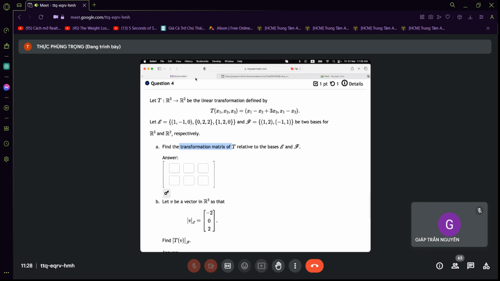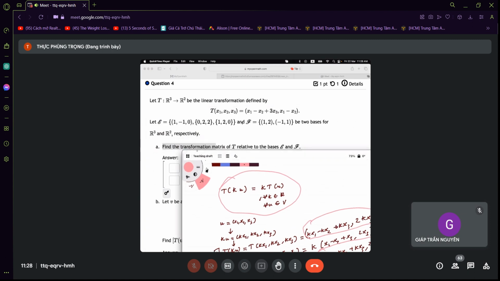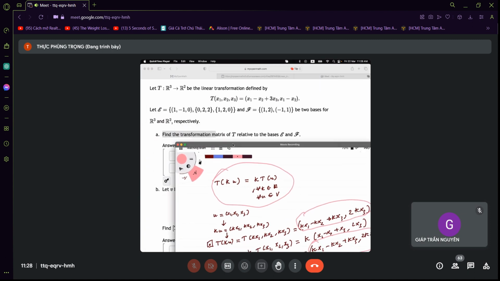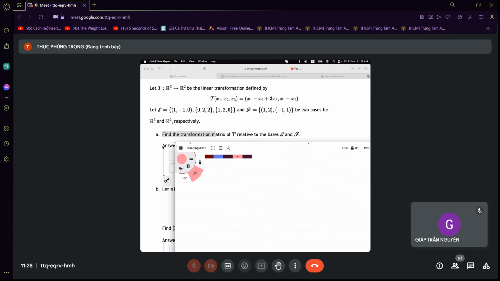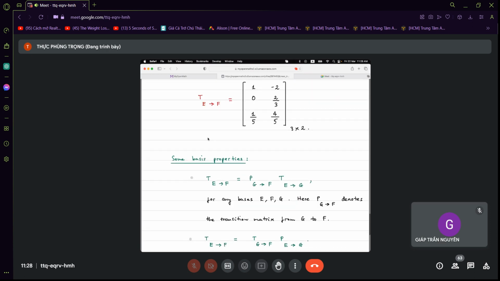So let me go to question number 4 and do the first part. I think we don't have time, so let me do this a little bit faster. So I go for A. For A, we want to find the matrix of T from E to F. You may need to read the definition or look at one example right here.